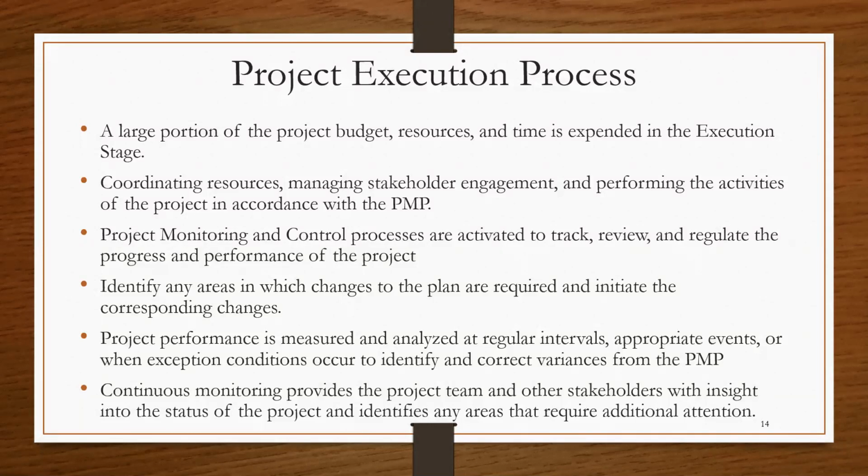And now you focus on coordinating resources, managing stakeholders, and performing all the other project activities in accordance with your project management plan. Other key activities will be monitoring and controlling your project processes to make sure that things are on track, and you regulate progress and performance of the project. You also identify areas where changes may be required and begin to initiate the corresponding changes.